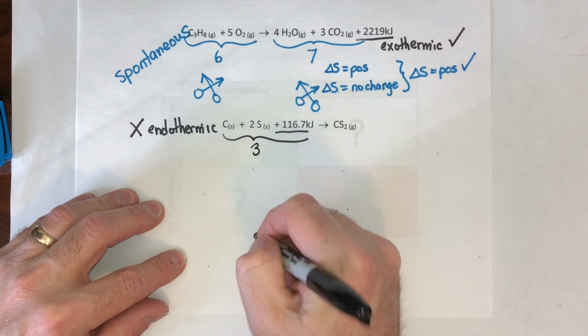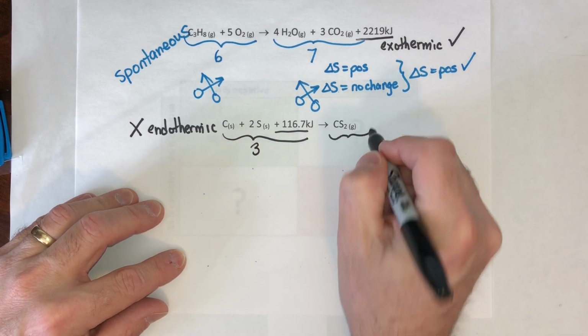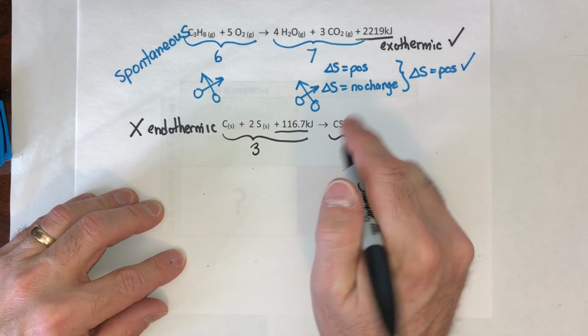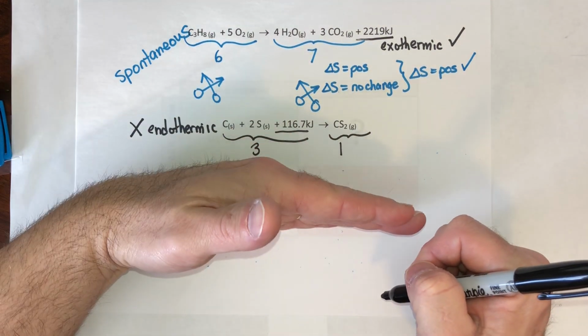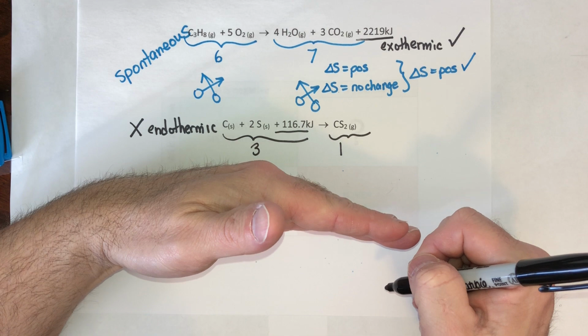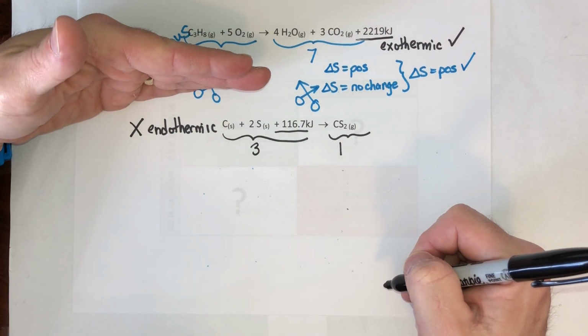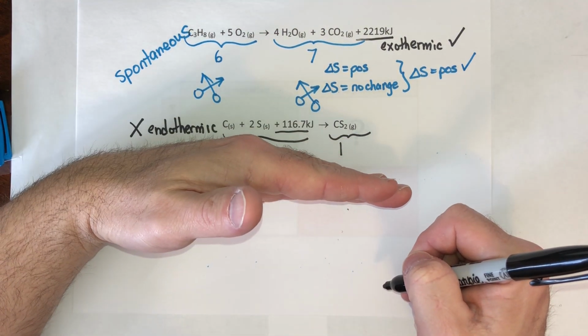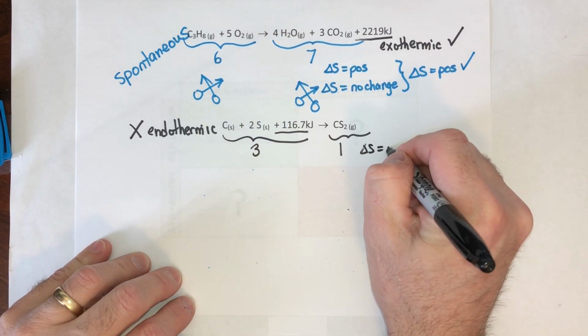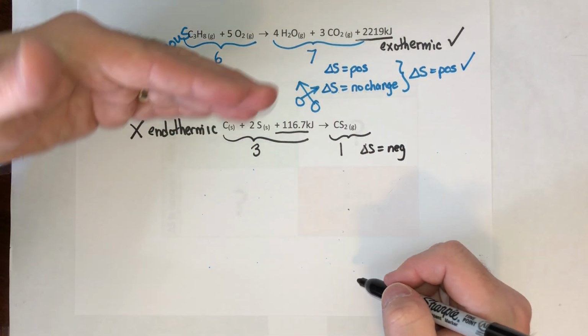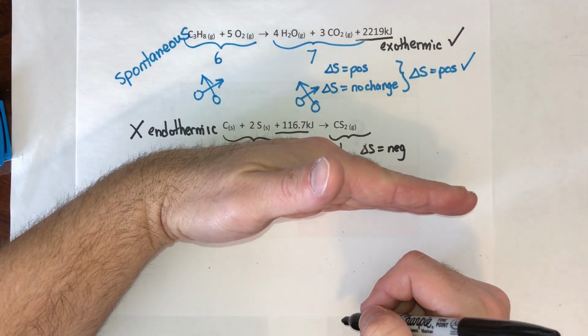That's 3. On the product side, I've got 1 carbon disulfide. So I'm going from 3 things down to 1. That's not good, right? Because 3 can be fairly disordered, but 1 can't be. So this is telling me that my delta S here is negative. It's dropping, right? Disorder of 3 down to a disorder of 1.